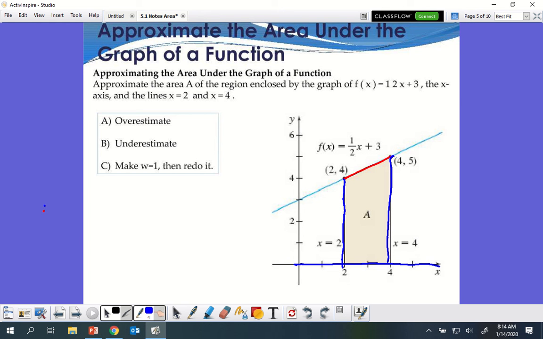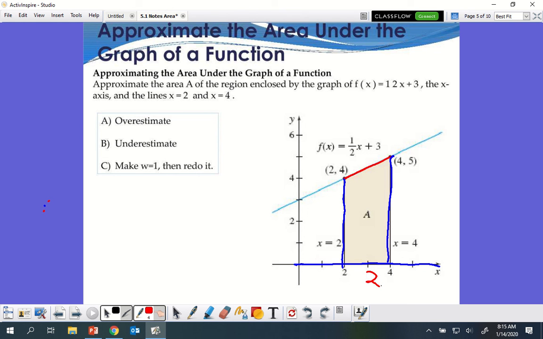All right, we're going to estimate this now. If I were to estimate it, what values would I use to estimate it? I know for the width, what would I always use for the width though? 2. Yeah, that's good. So I would say my width is always going to be 2 here.